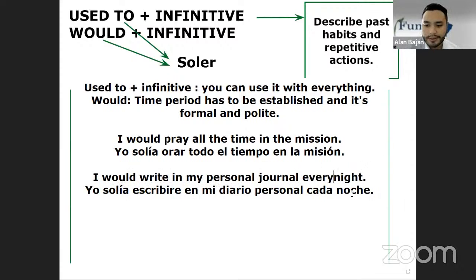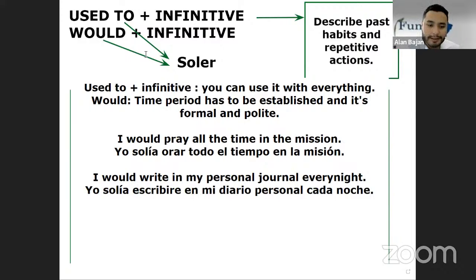But every night, you write it together. If you write it separately, that's not completely incorrect too. There is no specific rule that will tell you to write it together or separately. But if you want to say cada noche instead of todas las noches, you need to change the word.